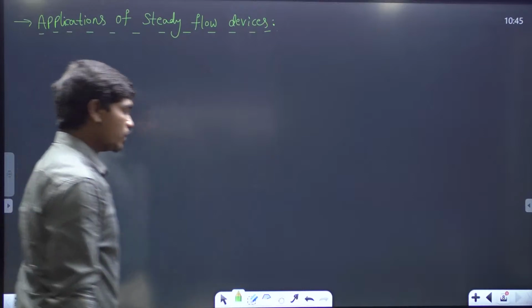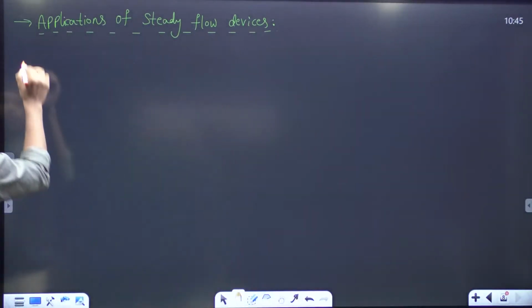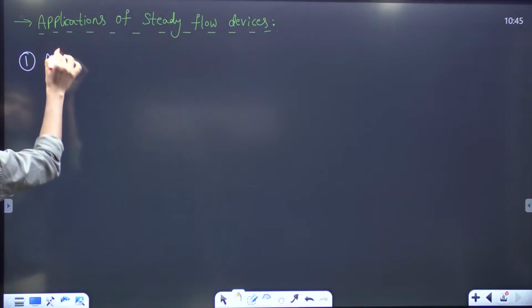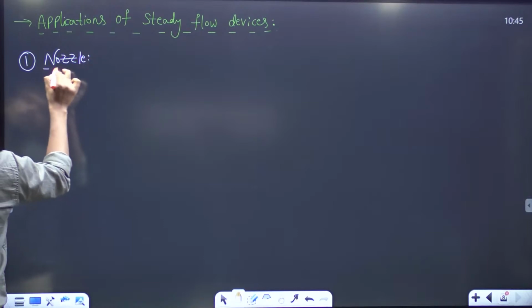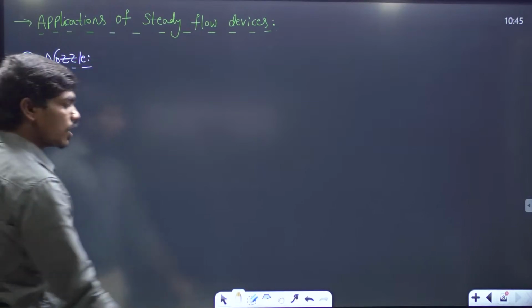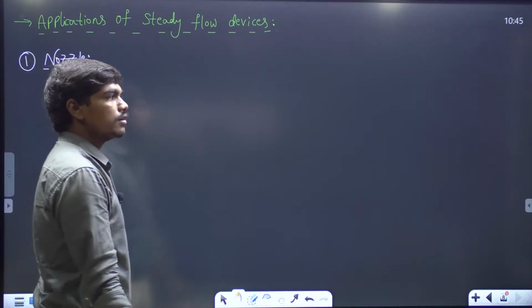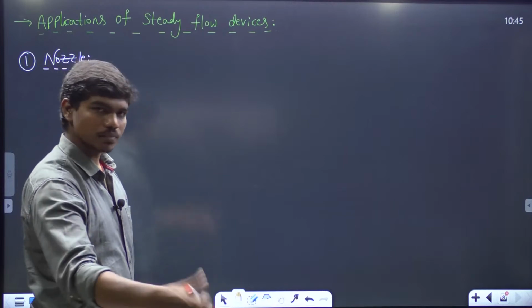Applications of steady flow devices. First application, we'll talk about nozzles. So what's a nozzle? Generally, it is a device which tries to increase the kinetic energy of the fluid by utilizing some pressure energy.